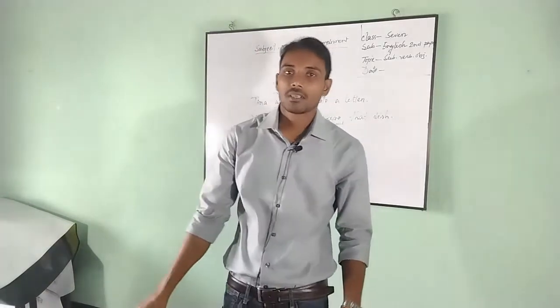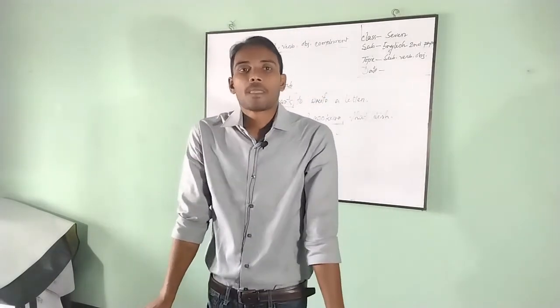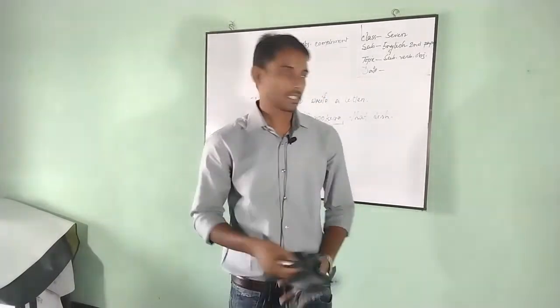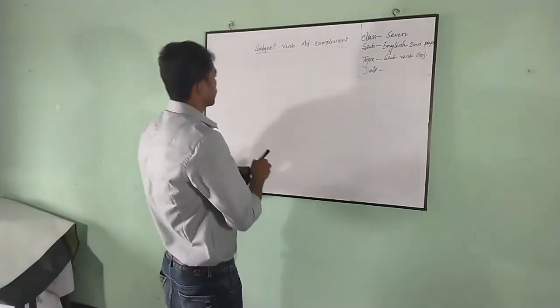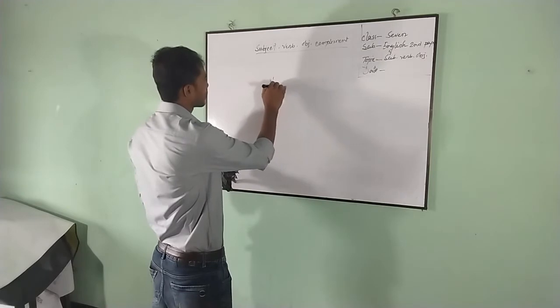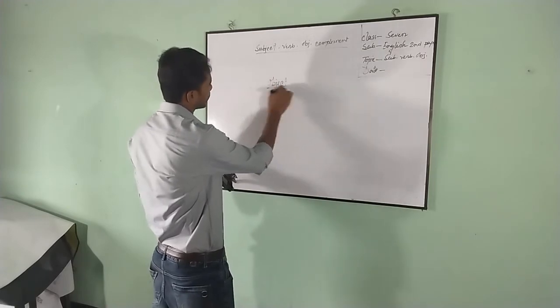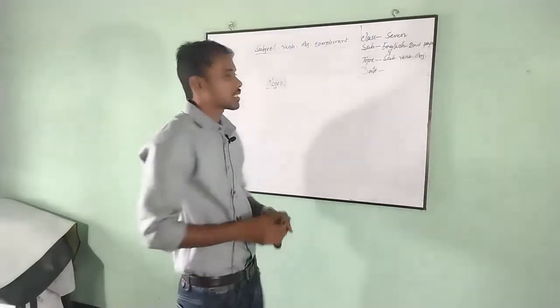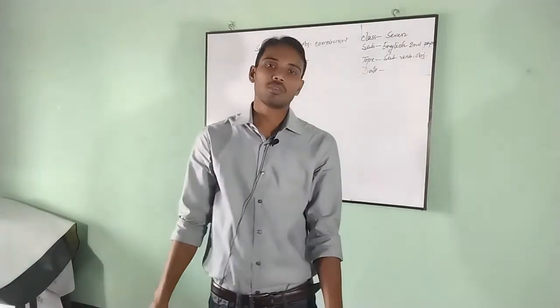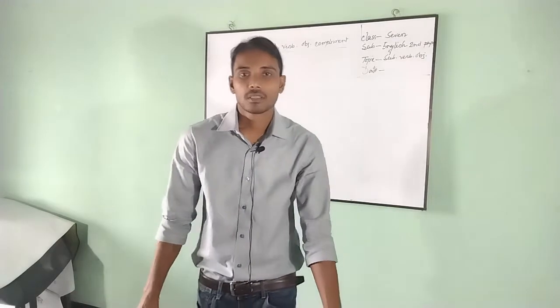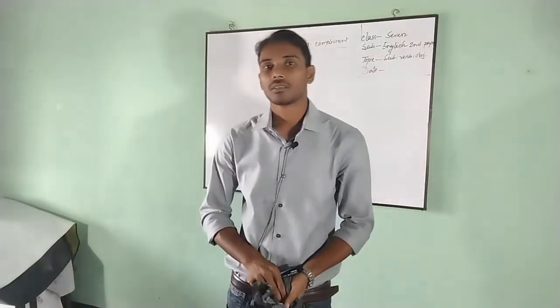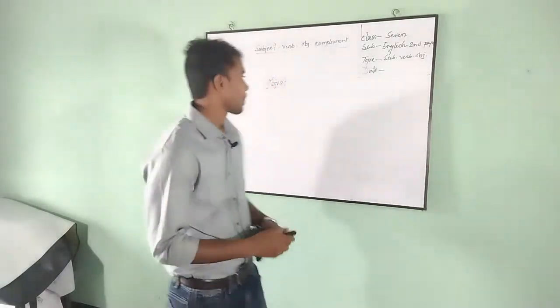After that, we are going to discuss the object. Dear friends, an object is a noun or pronoun. It may be a noun phrase. It is the one on whom the verb performs its action.